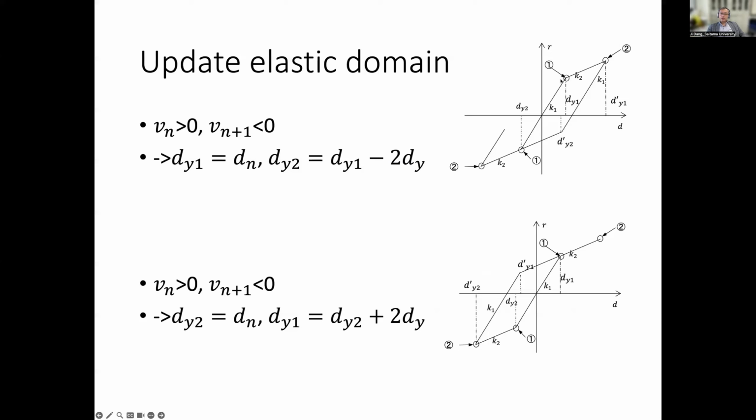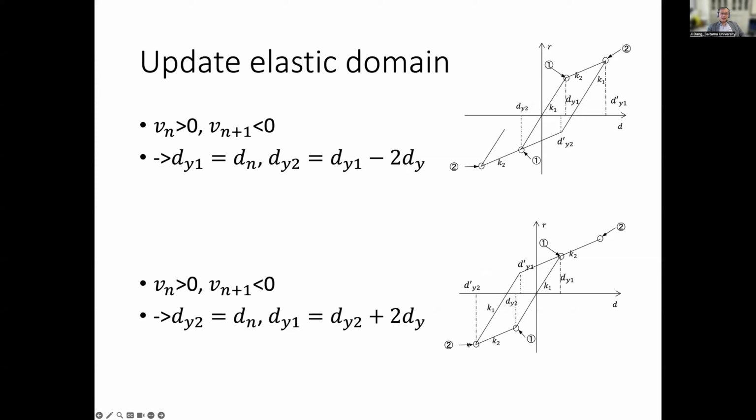Originally dy1 is here and dy2 is here, positive dy and negative dy, so this is 2 times dy. So the new dy1 is here, and the new dy2 will be 2 times dy smaller than this.